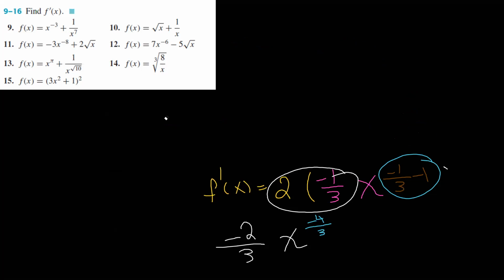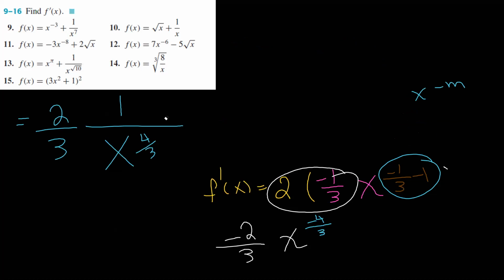How can it be written? It will be 2 over 3. Now, x raised to the power negative m, can I write it as 1 over x raised to the power 4 over 3? Is it right? Teacher, then 2 isn't negative.